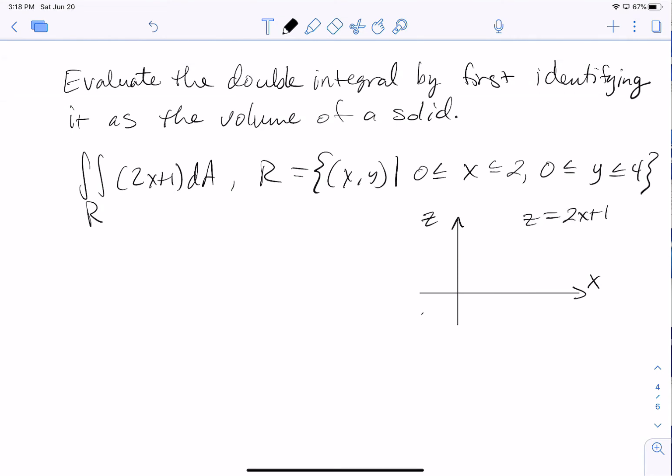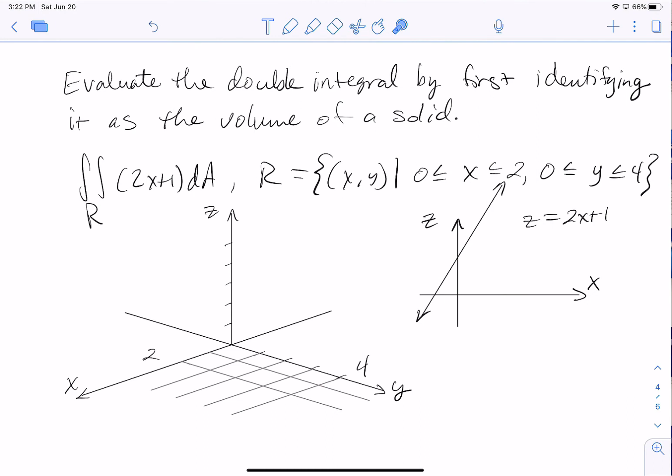That's a line that crosses the z-axis at (0, 1) and has a slope of 2. This will translate into R3 as a plane. So what we have is a rectangular bottom and then an angled plane for the top of our solid. I've drawn here a grid in the xy plane, where x goes from 0 to 2 and y goes from 0 to 4. So there's our region R.